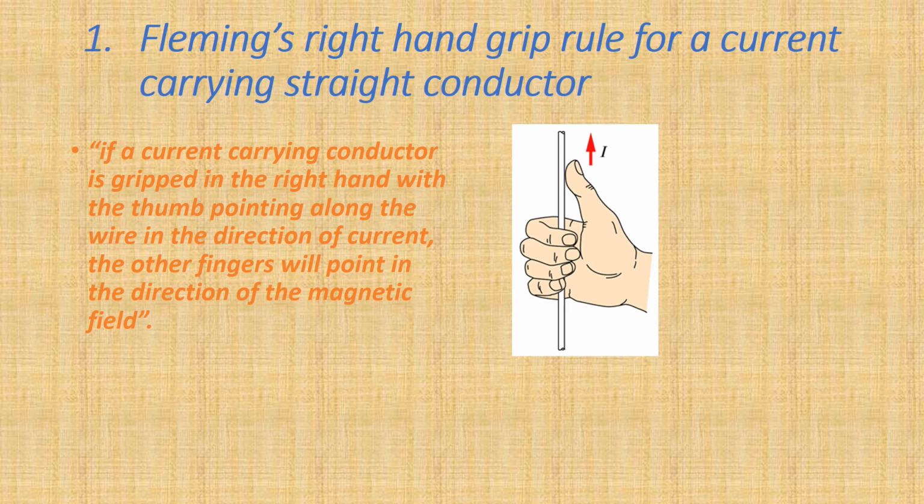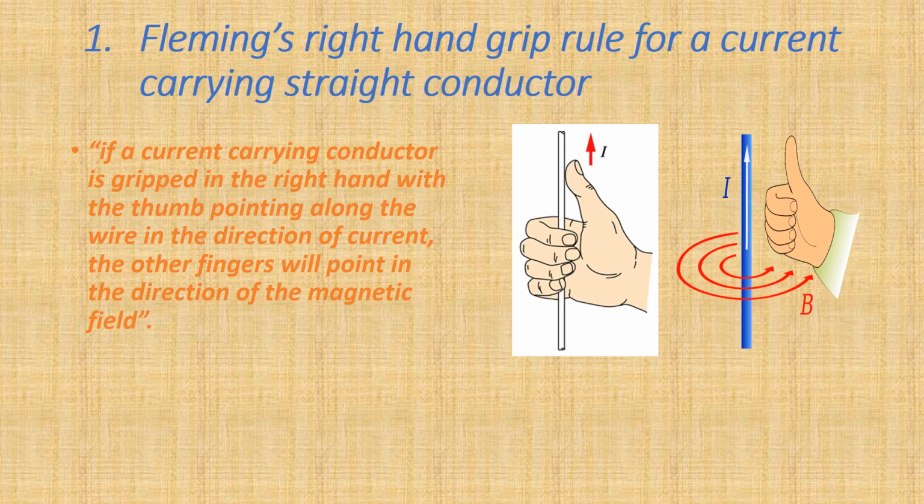This is so easy. Just take your pen, hold it using your right hand with the thumb pointing towards the sharp point. I'm just imagining that the sharp point is where the current is flowing to. Then these other four fingers will show you the direction in which magnetic fields will face.